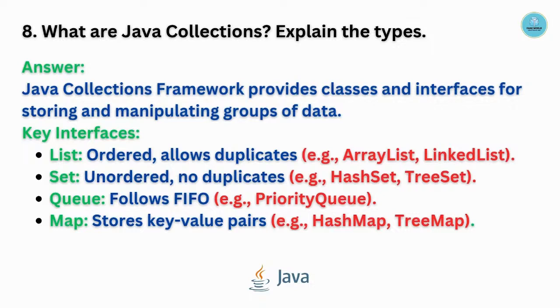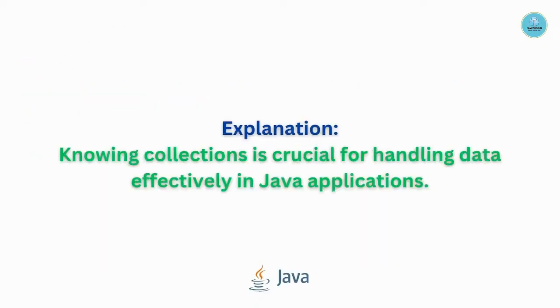Set is unordered and no duplicates are allowed. For example, hash set, tree set. Queue follows FIFO, that is first in, first out. Example, priority queue. Map stores key value pairs. For example, hash map and tree map. Knowing collection is crucial for handling data effectively in Java applications.